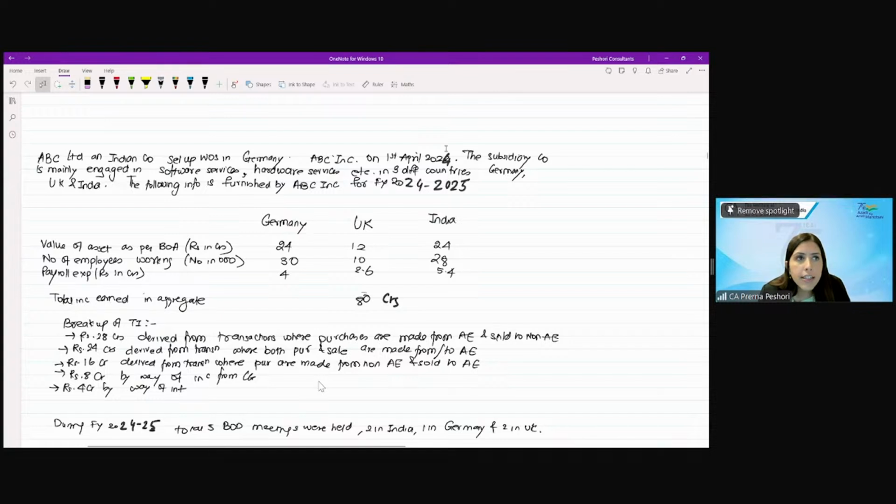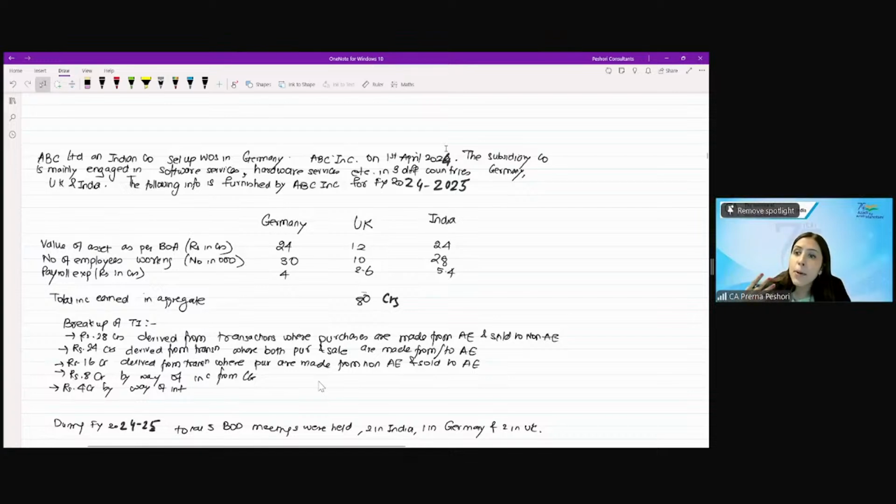Yes, Prashant, right. What about the payroll expenditure test? Yes, Ginny, correct, 45%. So even that is satisfied, right? So therefore, yes, Kirti, correct. So therefore, the ABOI test is satisfied.